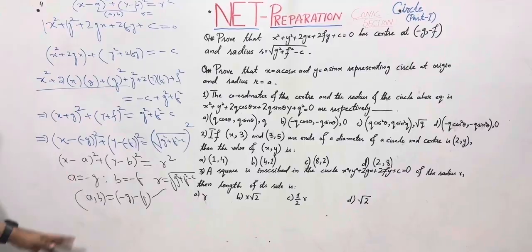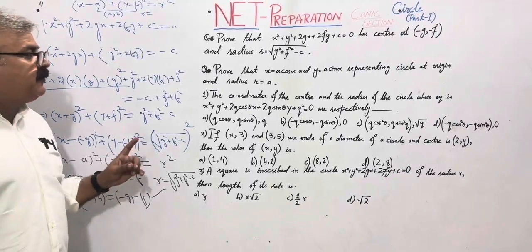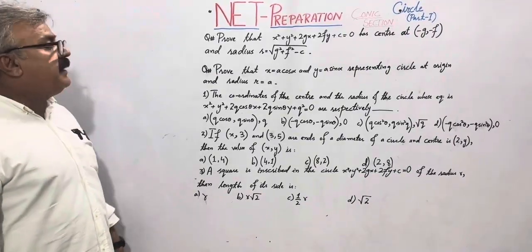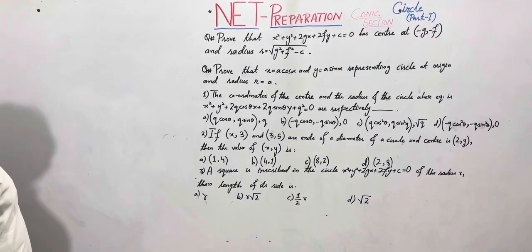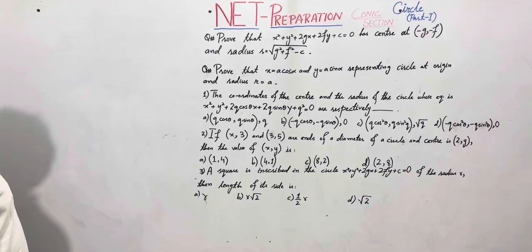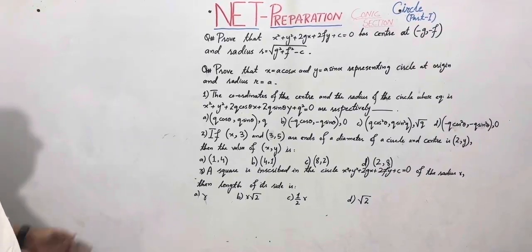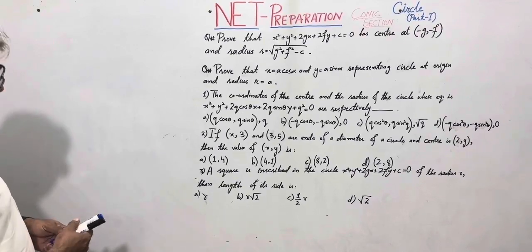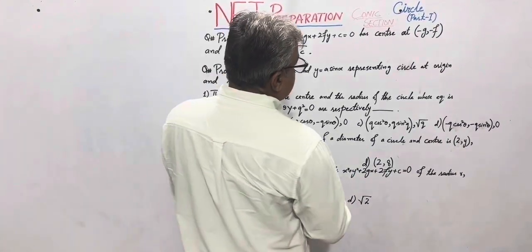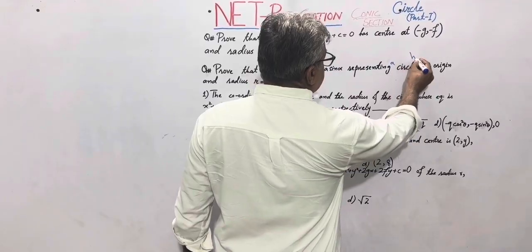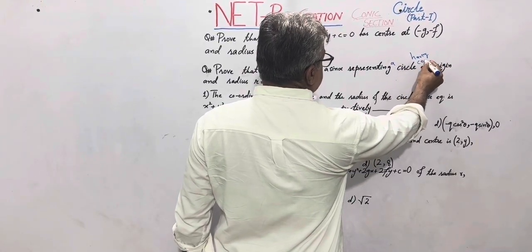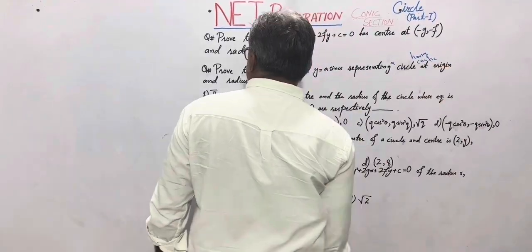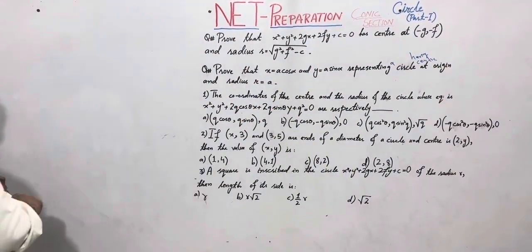After completion of the first proof, let's move to the second proof. Next question: prove that x is equal to a cos alpha and y is equal to a sin alpha represent a circle having center at origin and radius equal to a.